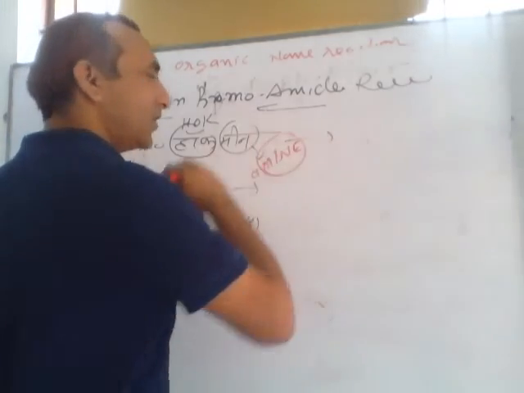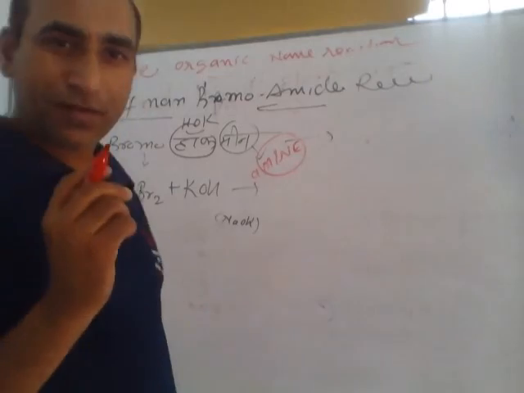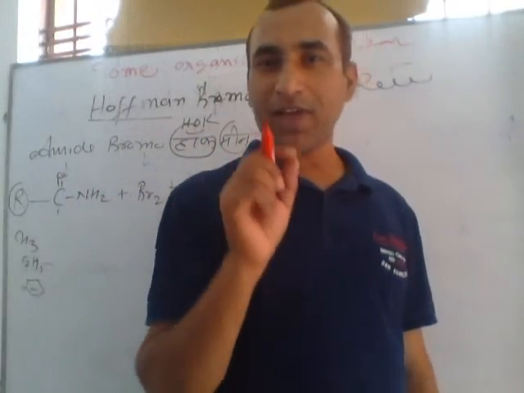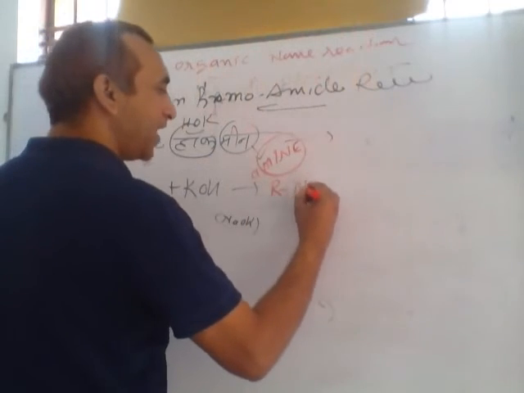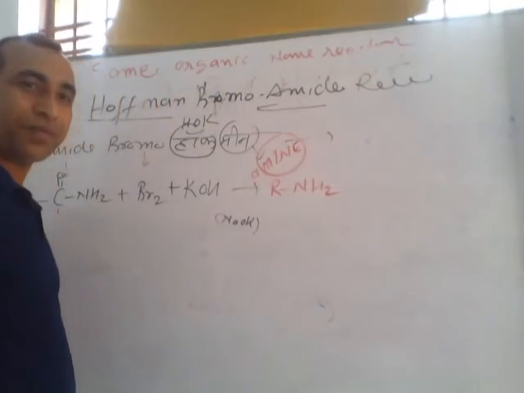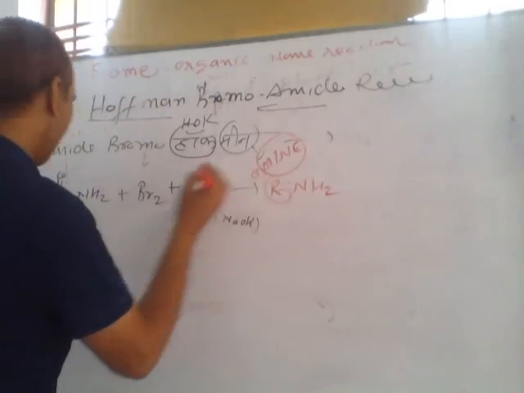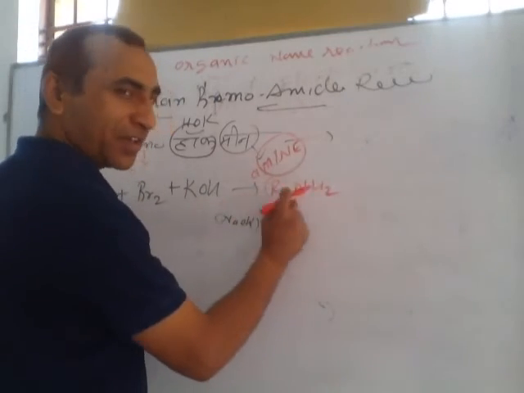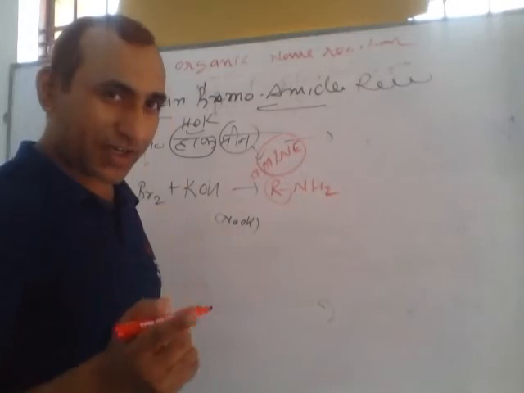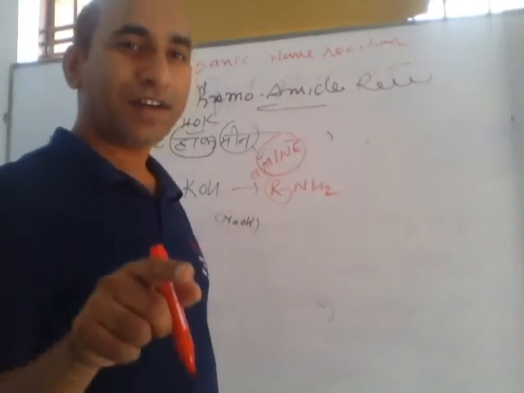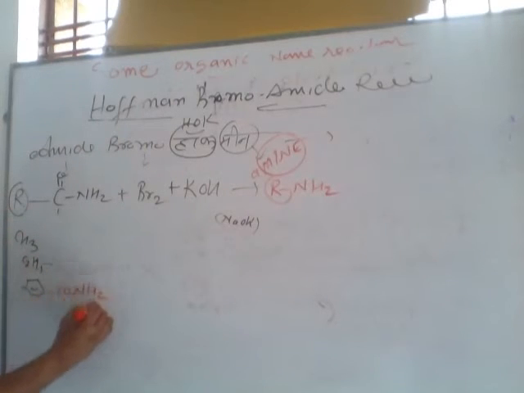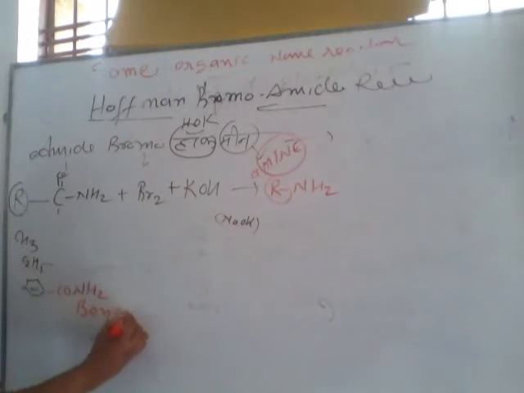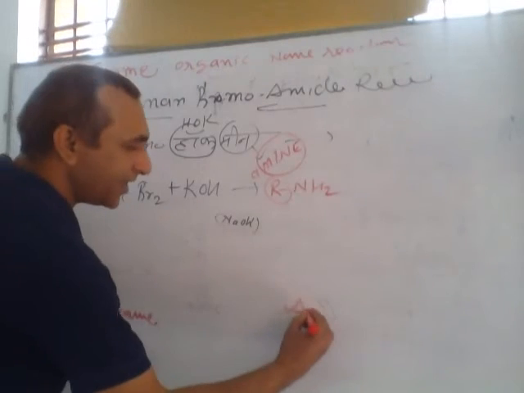The word amine is present in it. Amine means compounds of the type RNH2. So amines are formed. If we use CH3, this is called methylamine, then ethylamine. If we use a ring, the initial compound is called benzamide and the product is called aniline.